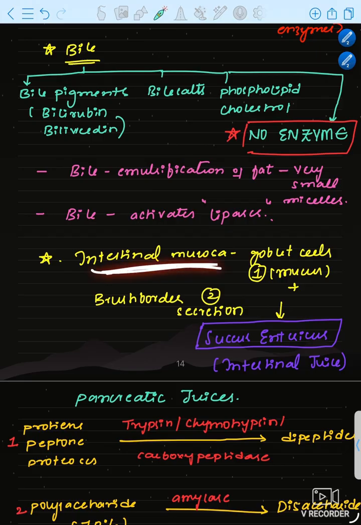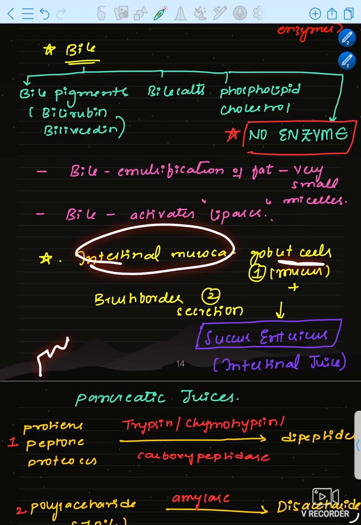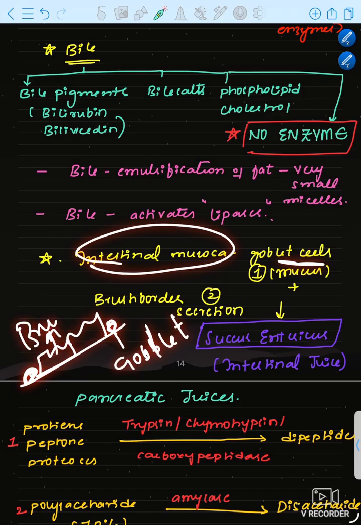In intestinal mucosa also, goblet cells are present. Goblet cells means mucus will be secreted, and brush border cells will also be there along with the intestinal mucosa. These are the goblet cells, and these are the brush border cells.